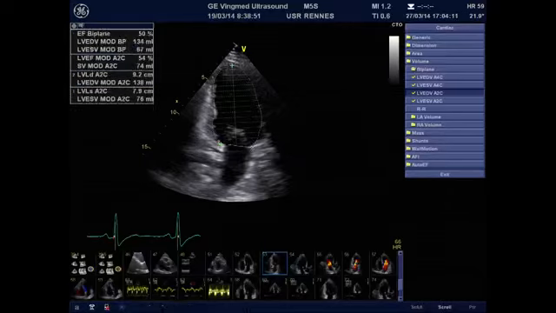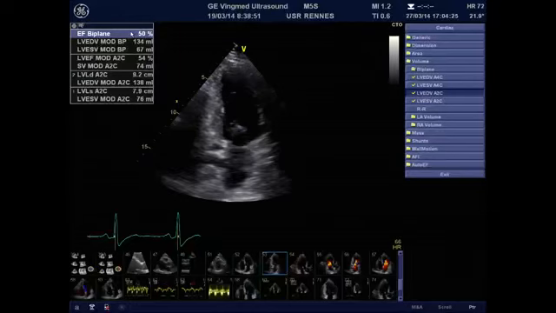Here we are. So this is the manual method to get the LV ejection fraction and the volumes. As you can see, we have here an LV ejection fraction by the Simpson method of 50%, with an LV end-diastolic volume of 134 and an end-systolic volume of 67 milliliters.